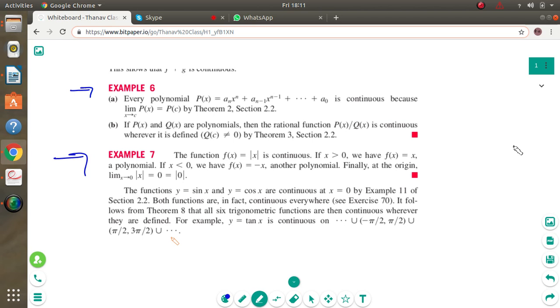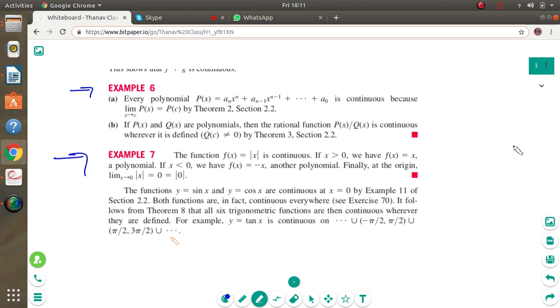Function model of x is greater than 0. Why would it be continuous only if it is greater than 0? Oh no, it's not. No, not here.